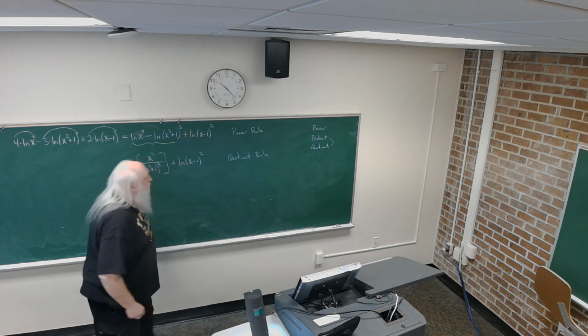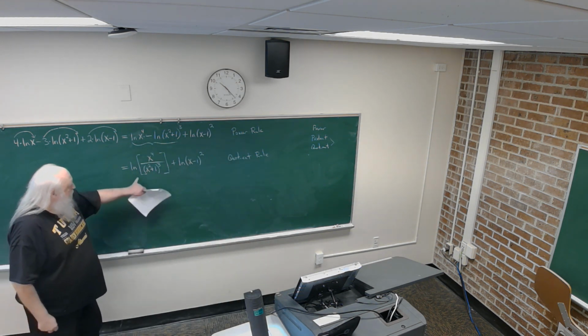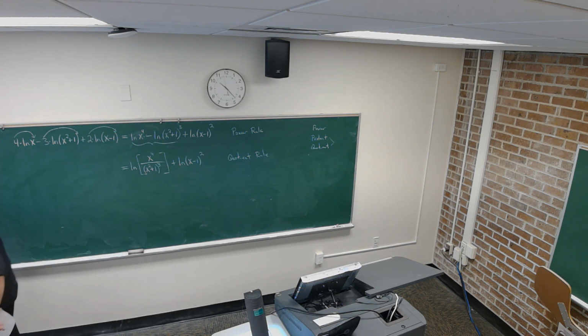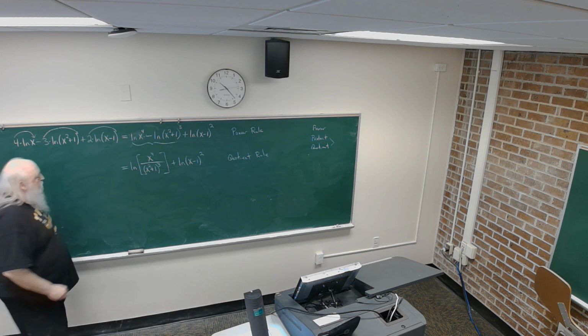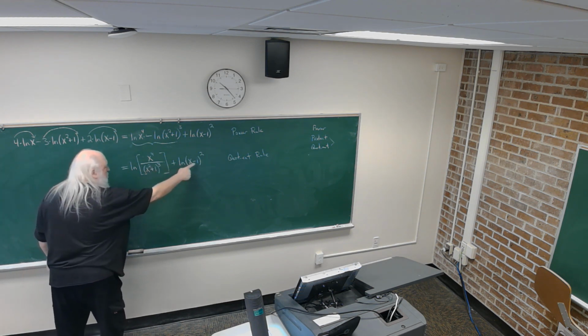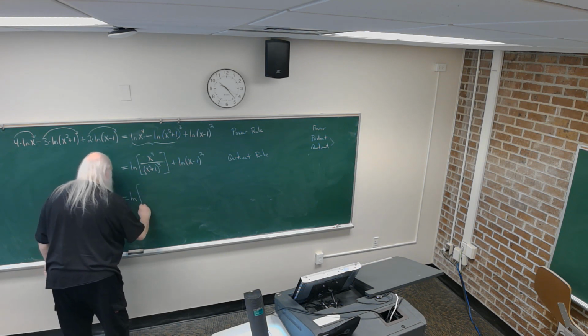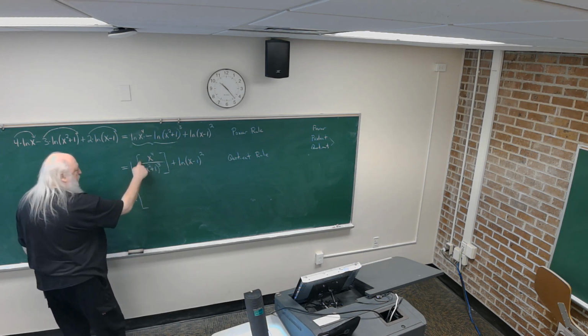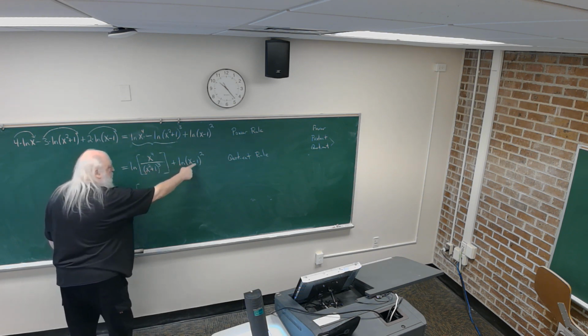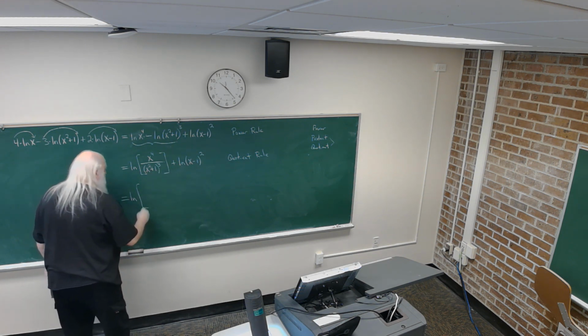Lastly, we have the product rule. We have the sum of two natural logs. The product rule, going from the right-hand side to left-hand side, says the natural log of m plus the natural log of n is equal to the natural log of m times n. This is our m. This is our n. So we multiply this quotient times x minus 1 squared.